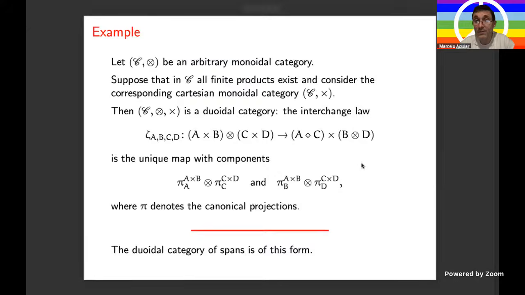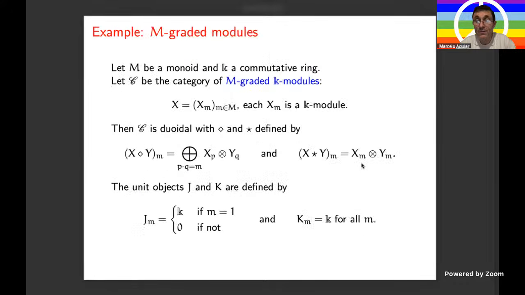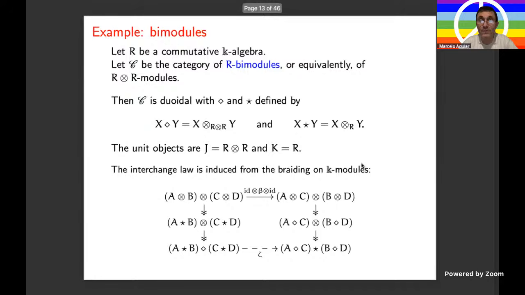Yeah, this one. I think of the diamond as a Hadamard product of matrices, and the star as a matrix multiplication, and that should hold for any regular category, I think. But I wanted to know if you had thought about that.